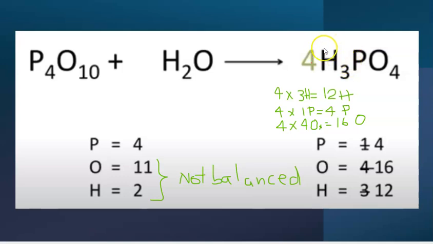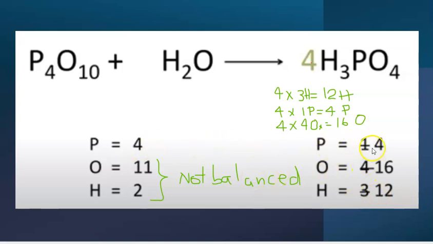I recognize that it's an acid because of the hydrogen in the front. So, this 4 is affecting the hydrogen. I have 4 times 3, 12 hydrogen. 4 times 1, 4 phosphorus. And 4 times 4, 16 oxygen.